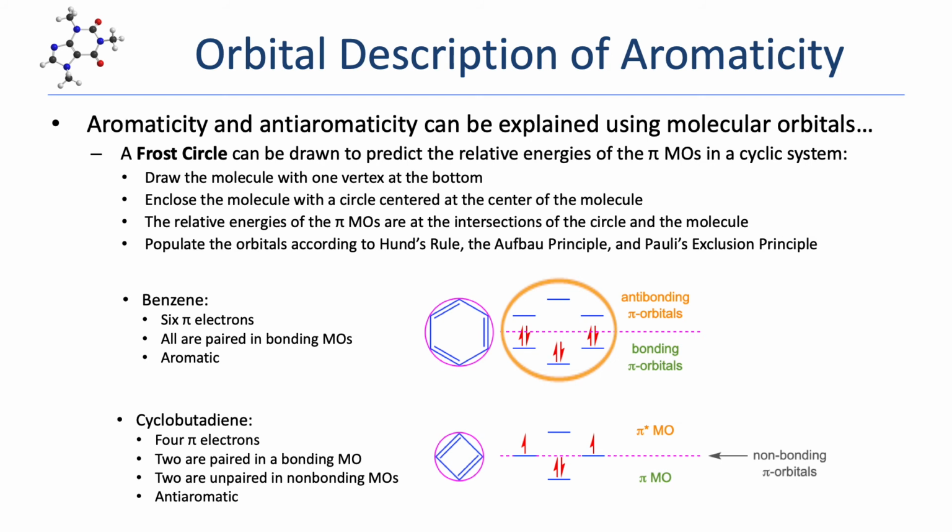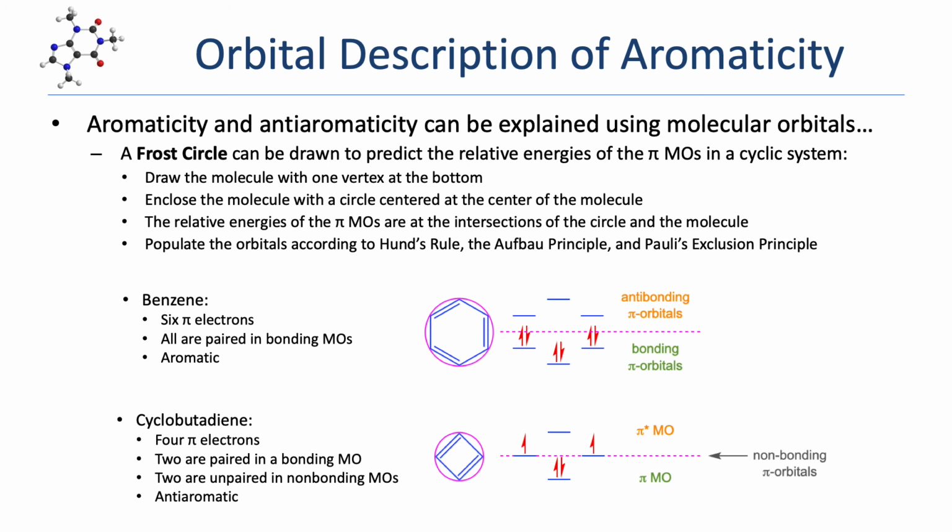Orbitals below the midpoint of the circle are considered bonding molecular orbitals. Those above the middle of the circle are anti-bonding molecular orbitals. Orbitals aligned with the center of the circle, which we don't see in benzene, would be considered non-bonding molecular orbitals. So in this case, we have 3 bonding molecular orbitals and 3 anti-bonding molecular orbitals.